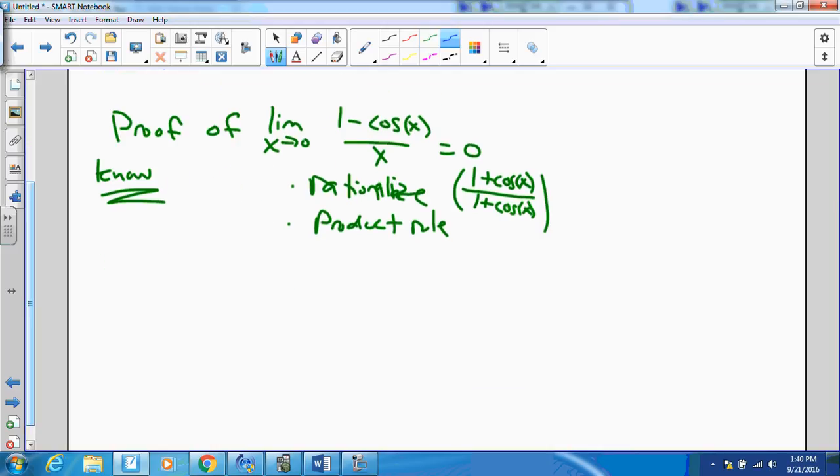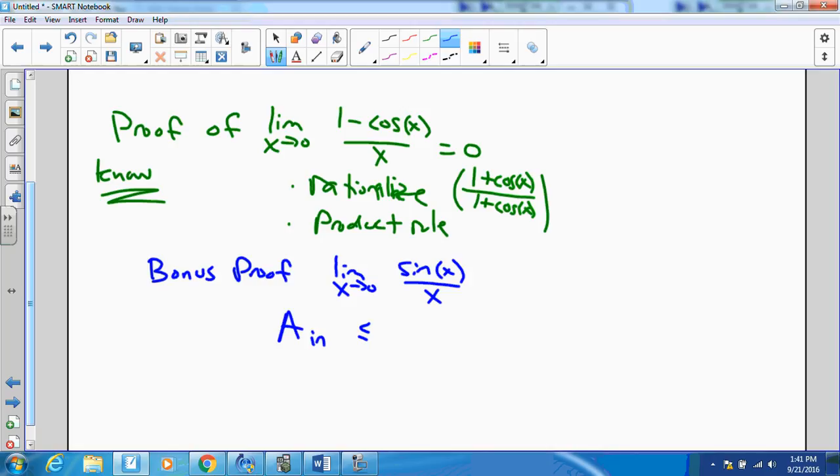But then, as bonus material, we have the limit as x goes to 0 of sine x over x, proof of that fact. The essence of that proof is that first we construct our unit circle, and we observe that the area of the inside triangle is going to be less than or equal to the area of the sector, which is going to be less than or equal to the area of the outside triangle. We apply the sandwich theorem.